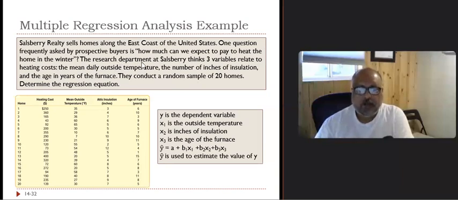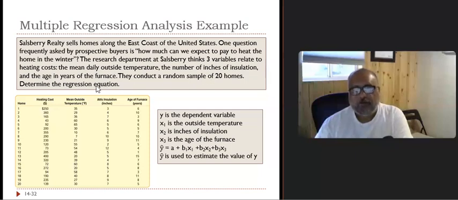The research department of Salisbury thinks 3 variables relate to the heating cost: the mean daily outside temperature, the number of inches of insulation, and the age in years of the furnace. And they take a random sample of 20 homes.